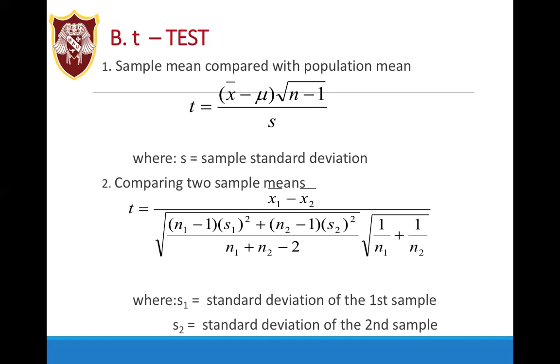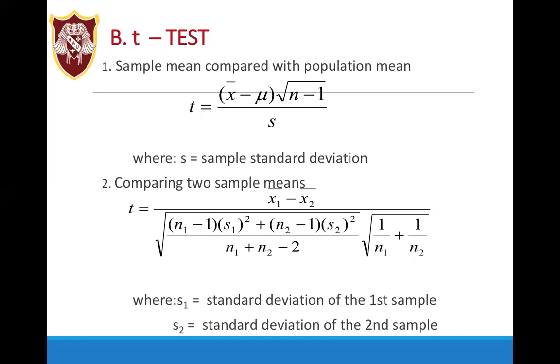So for the first formula, t is equal to the difference of the sample mean and the population mean mu multiplied by the square root of n minus 1. So n is the sample size, all over the sample standard deviation s.